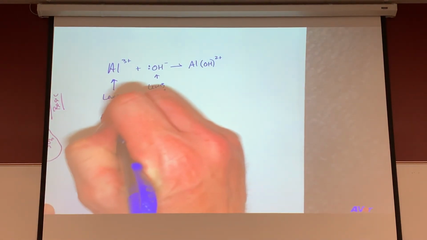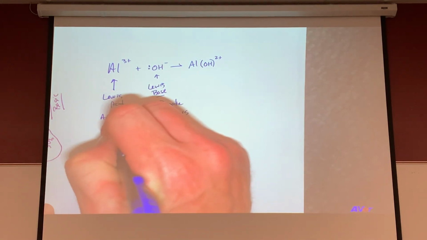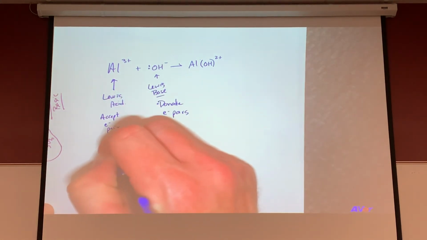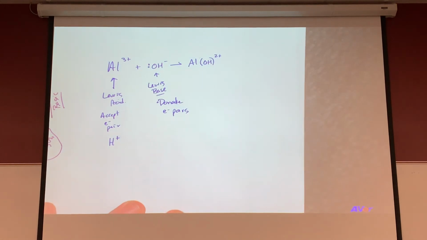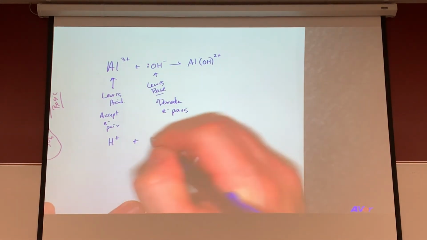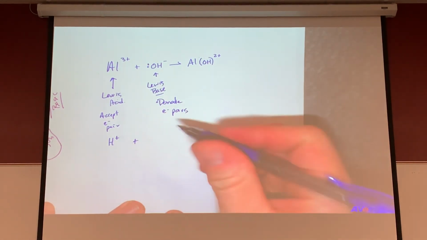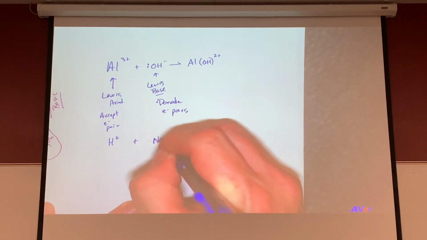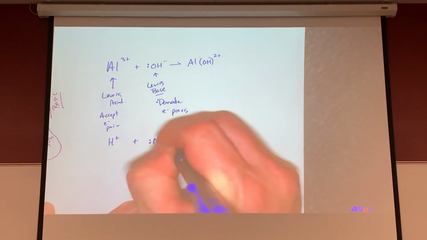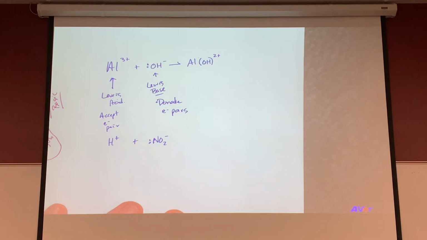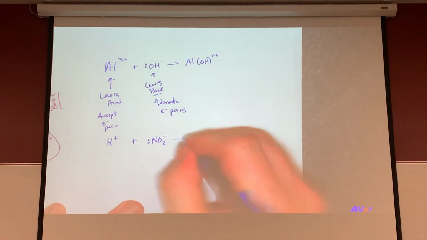Does that mean that hydrogen can't be a Lewis acid since it can't accept an electron pair? So if I have hydrogen ion, and I react that with, say, I don't know, NO2, it's got an extra pair of electrons on there. What does that do? So you'd have two of those then, right?